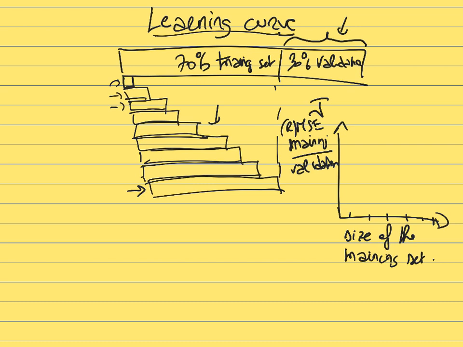So let's think about what this learning curve should look like. At the beginning, when you have very few training examples, just a few points within the training set, let me make a schematic.